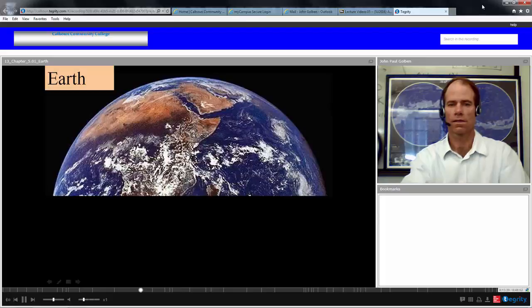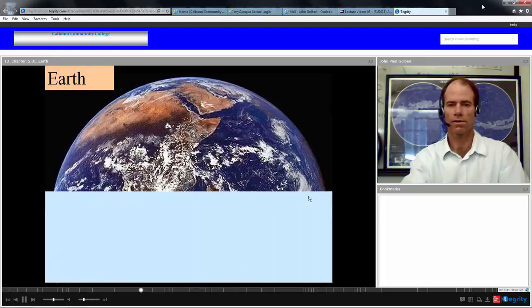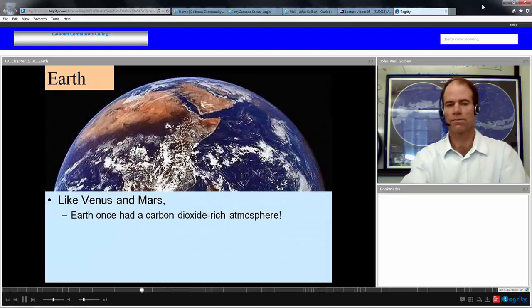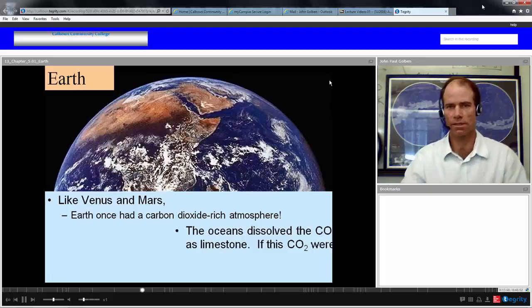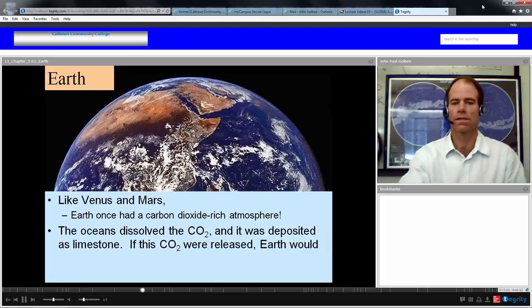So look again, another nice look at Earth. Like Venus and Mars, Earth once had a carbon dioxide-rich atmosphere, predominantly carbon dioxide. But the oceans dissolved a lot of that CO2, and in the past, the oceans would dissolve the CO2, and it was deposited as limestone, as calcium carbonate.